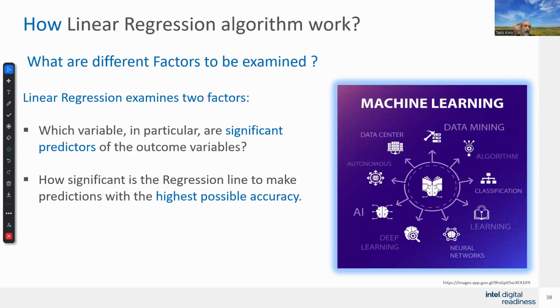All right. So we basically look at two things when we do this that are important. We look at the variable and we say, which are significant predictors of the outcome variable. So in other words, what piece of information can I look at that will tell me what the outcome will be, right?